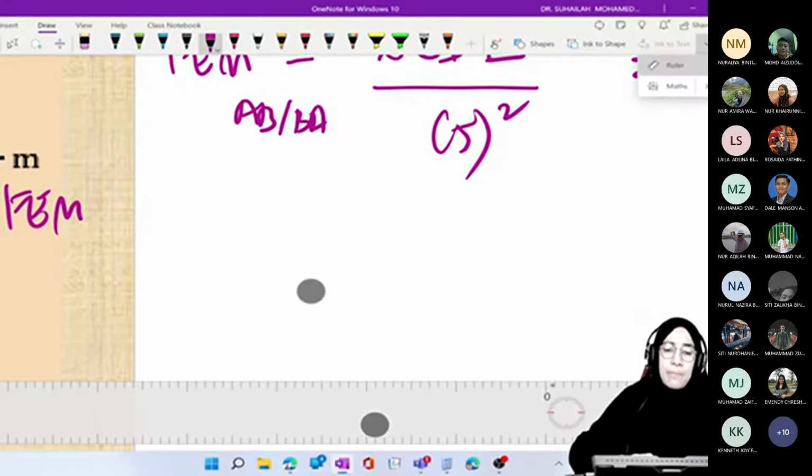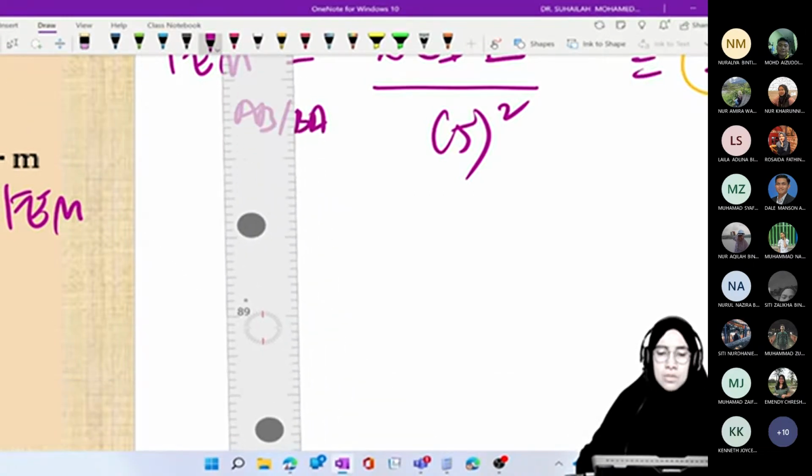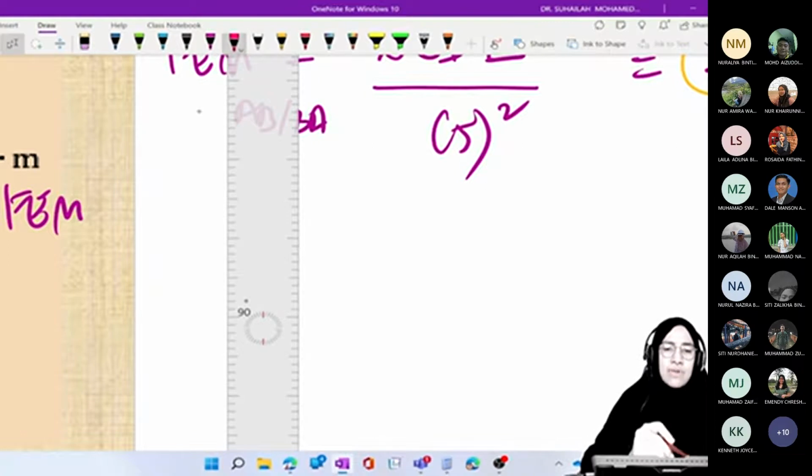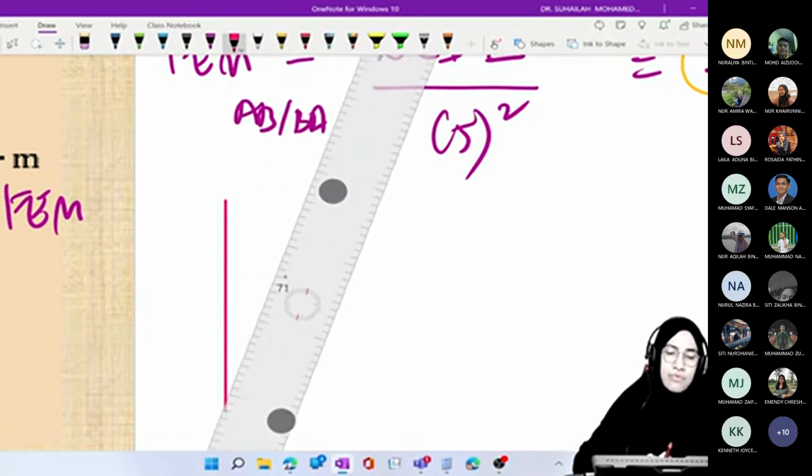For beam, of course, beam is a horizontal member, while column is a vertical member. Move to right direction means it moves in this direction.